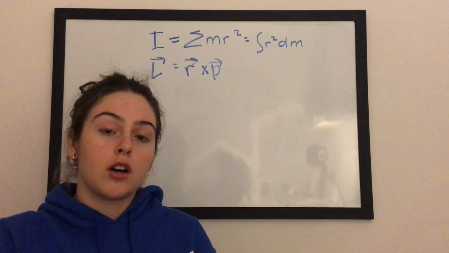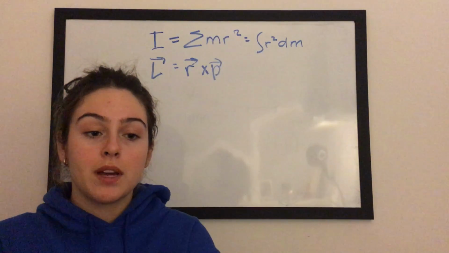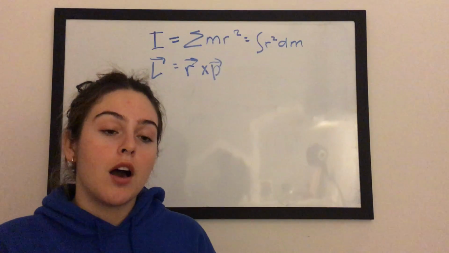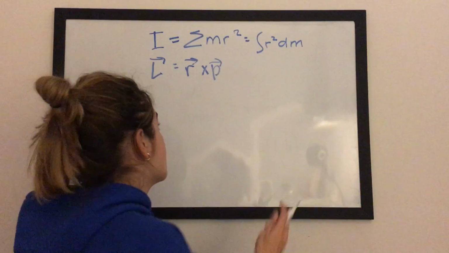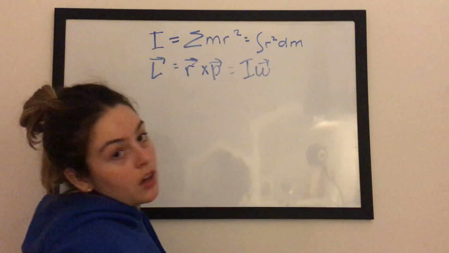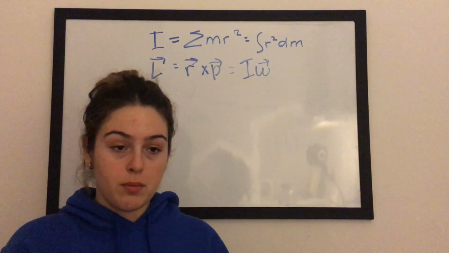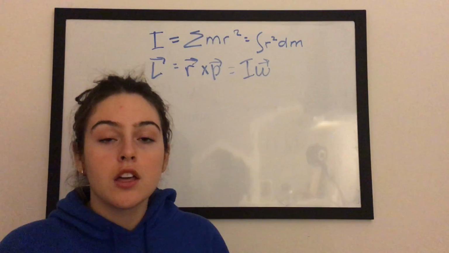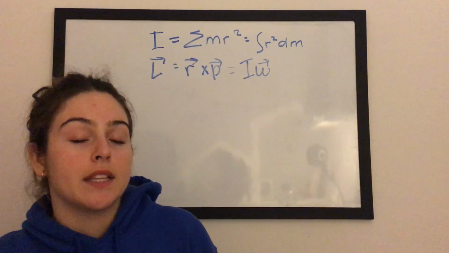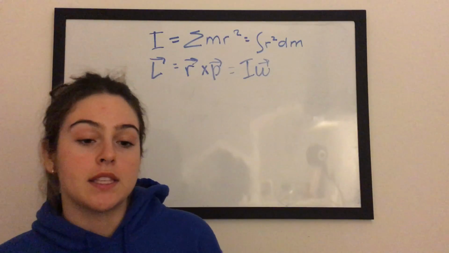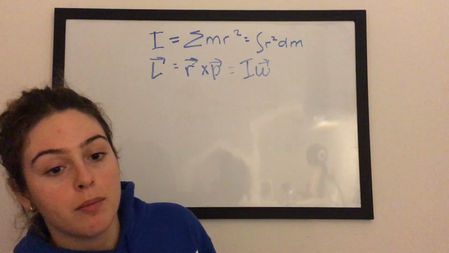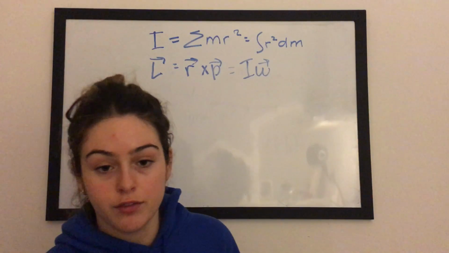Next, I also want to talk about spin angular momentum, or another formula for angular momentum. So another formula is inertia times angular velocity, which also describes angular momentum. Spin angular momentum is an intrinsic property of an object rotating about its center of mass.